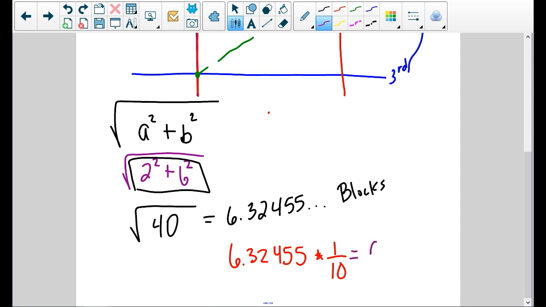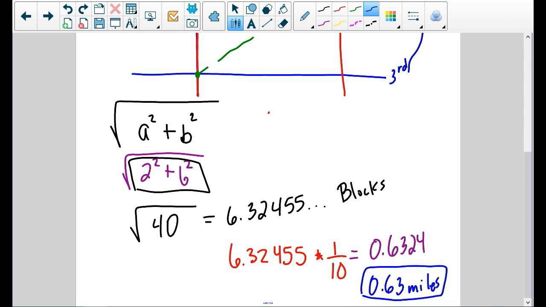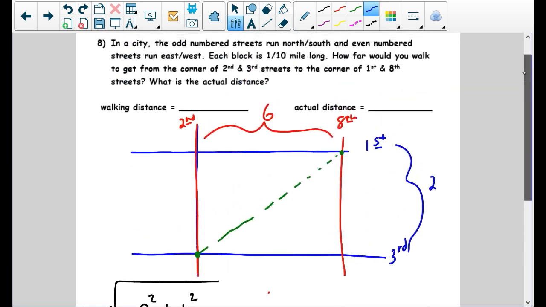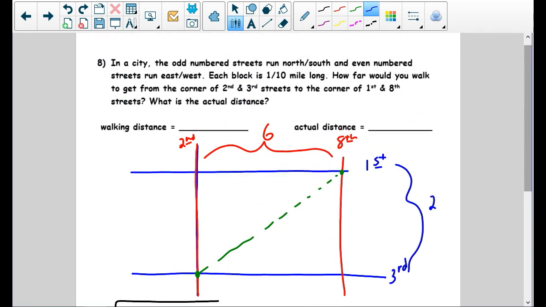I get 0.6324, right? So this is now in miles. So again, if I want to round it, 0.63 miles. Okay, 0.63 miles. So that is our actual distance diagonally here.